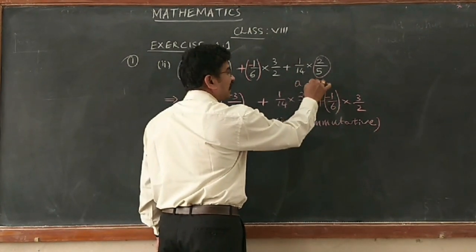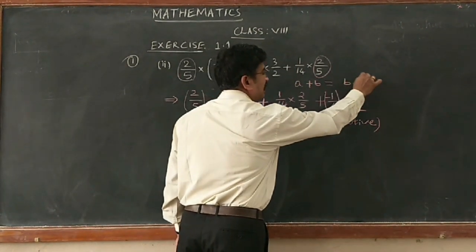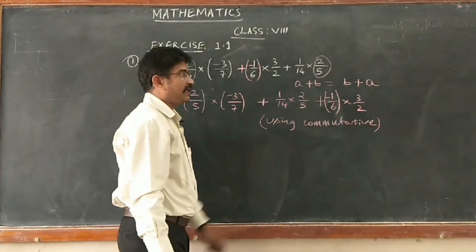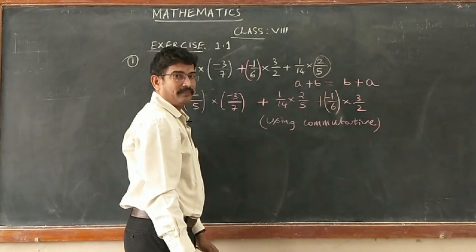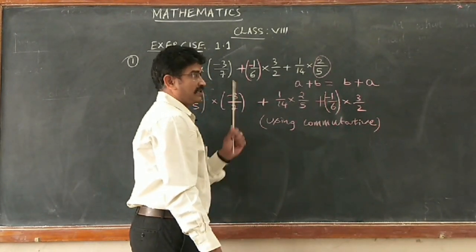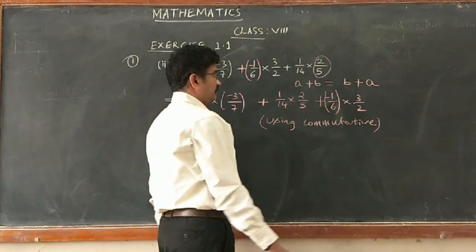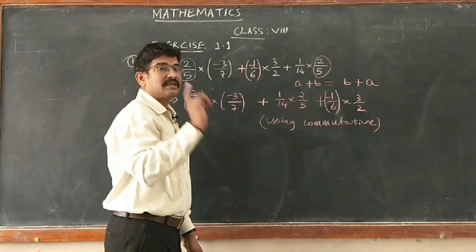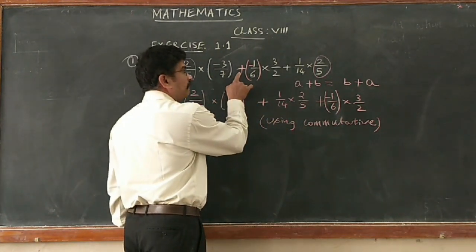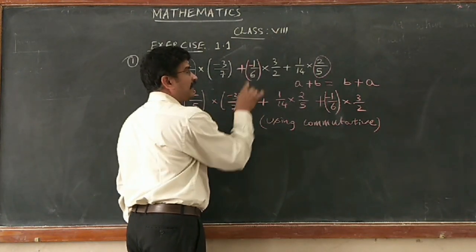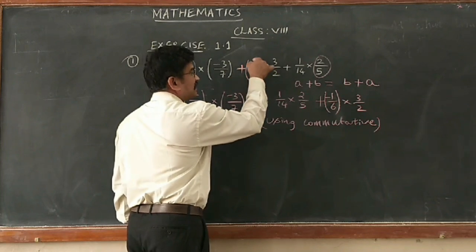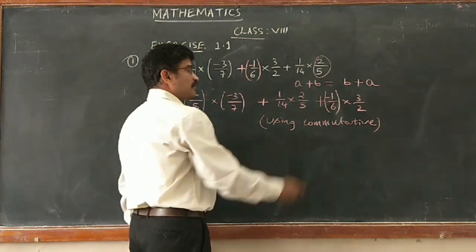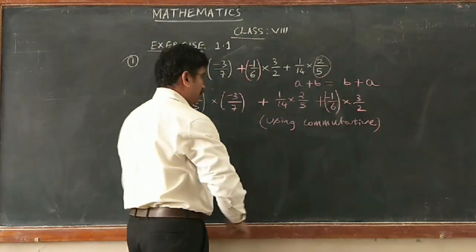Now you will not have any confusion in applying the commutative property on addition. But in subtraction you get doubt. That is the reason why I said subtraction can be converted into the form of algebraic addition, where the minus sign is taken to one of the rational numbers. Okay, so that's how it is made.